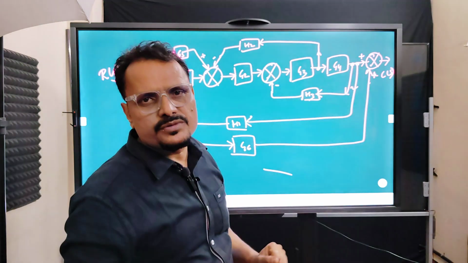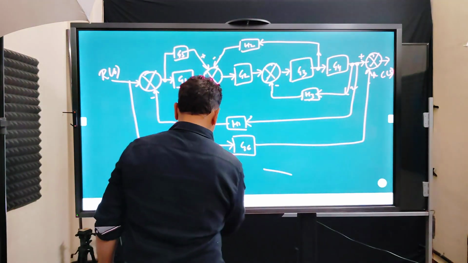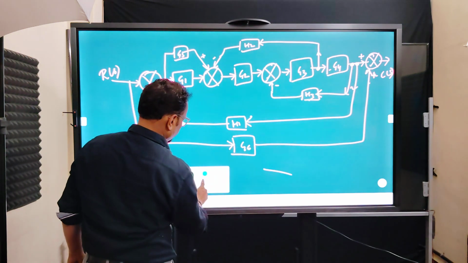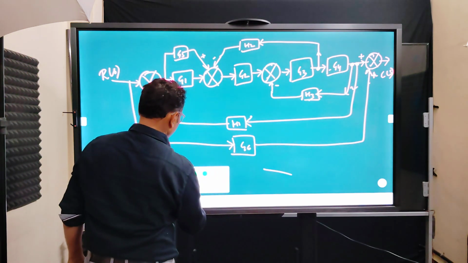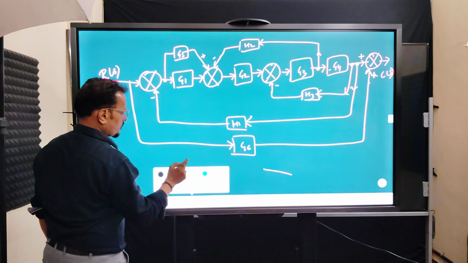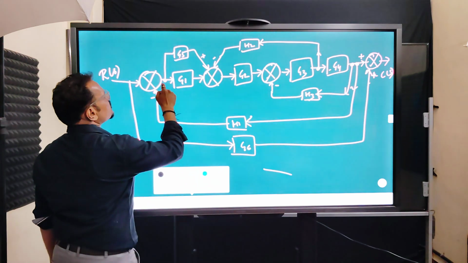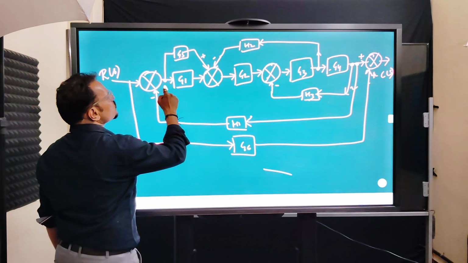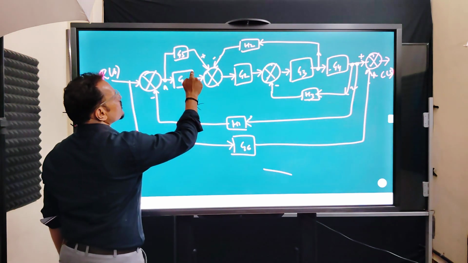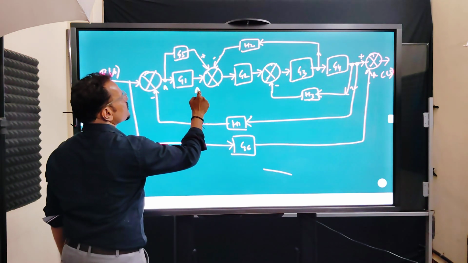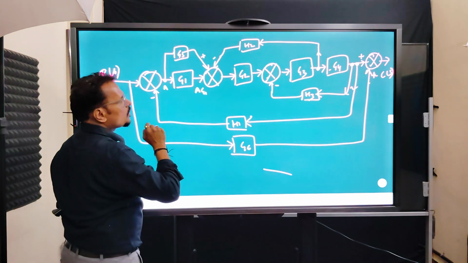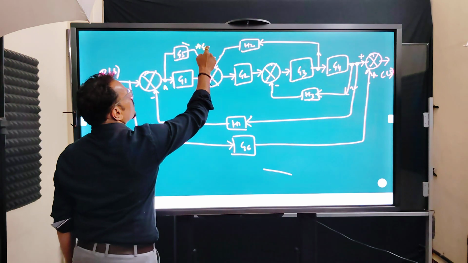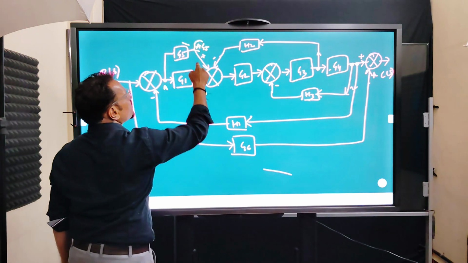So how should we reduce? Suppose we take this input as A. This A is appearing here as A G1, and appearing here as A G5, and both of them are getting added.